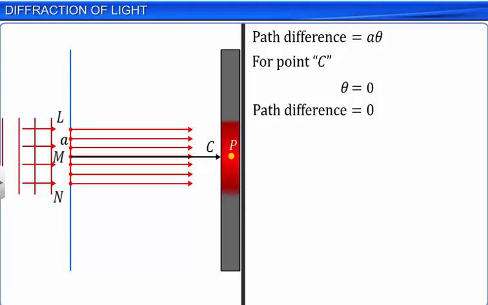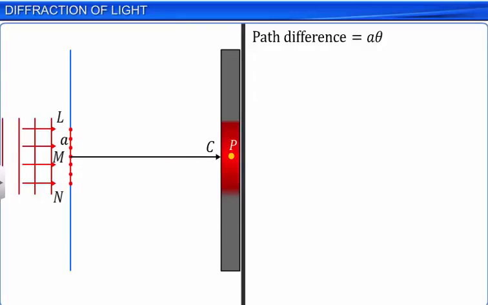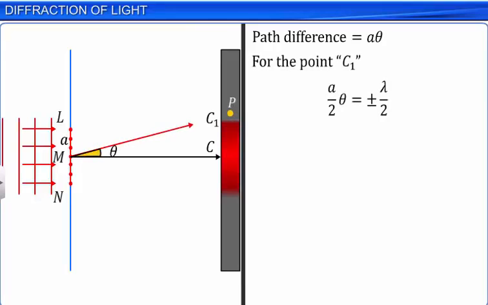Now consider another point C1 on the screen, such that a by 2 into theta is equal to plus or minus lambda by 2. Let this be equation 1. Imagine that the slit is divided into two equal halves, LM and MN, with a width of a by 2 each. Consider the waves from the point sources located at L and M reaching the point C1.